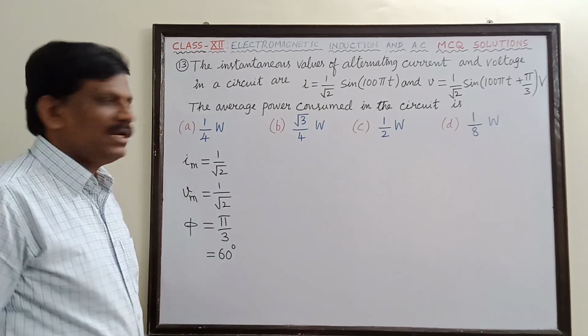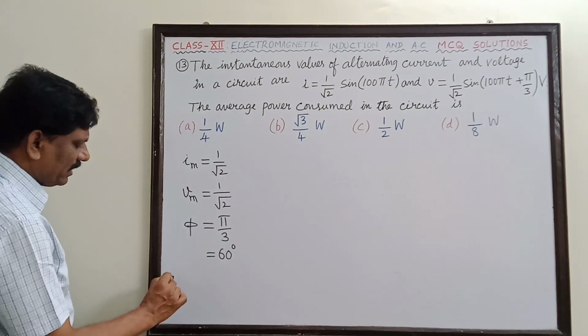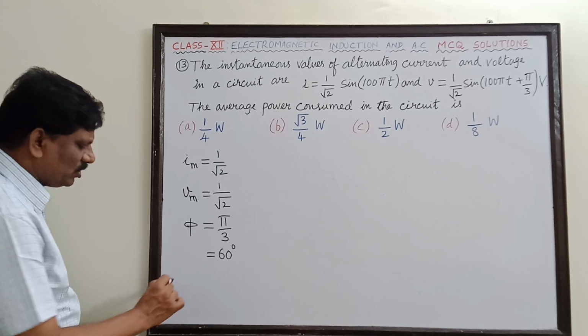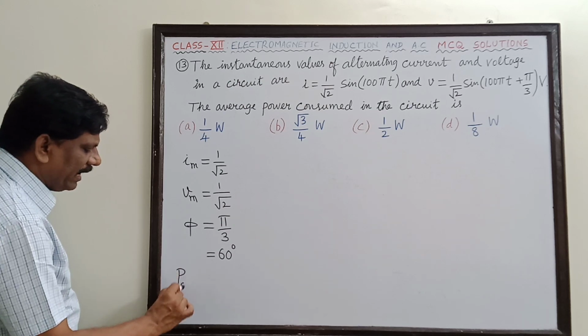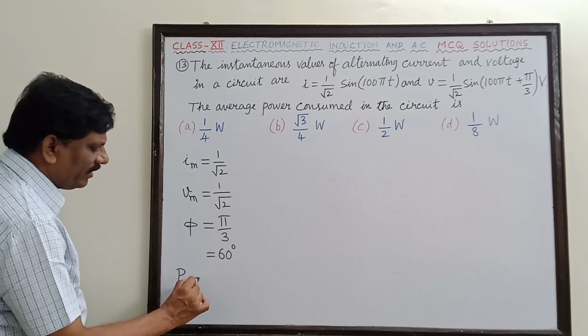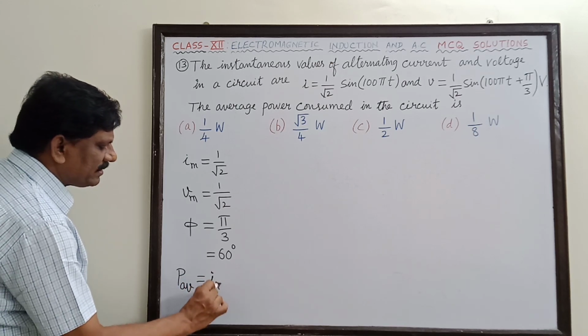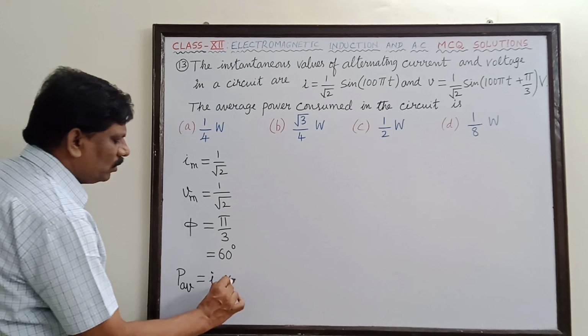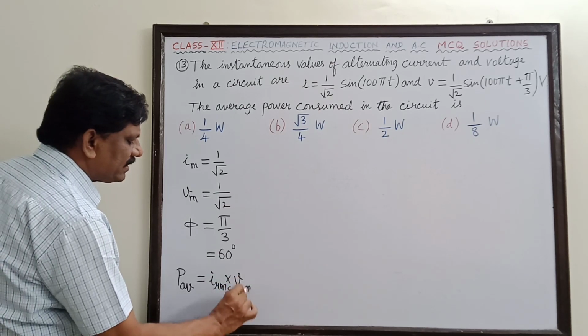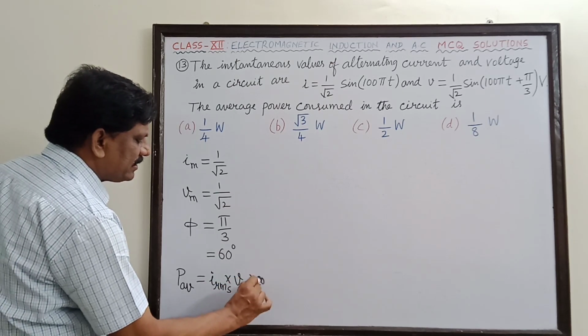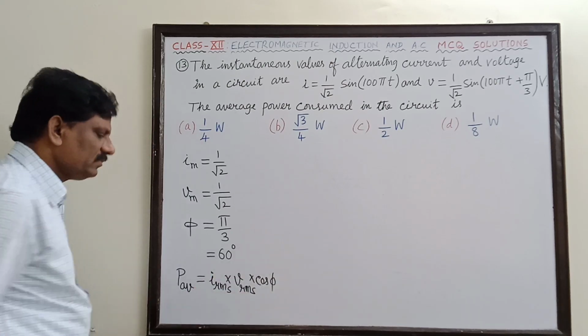Now what is the average power? The average power has to be determined. So P average is equal to I RMS into V RMS into cos phi.